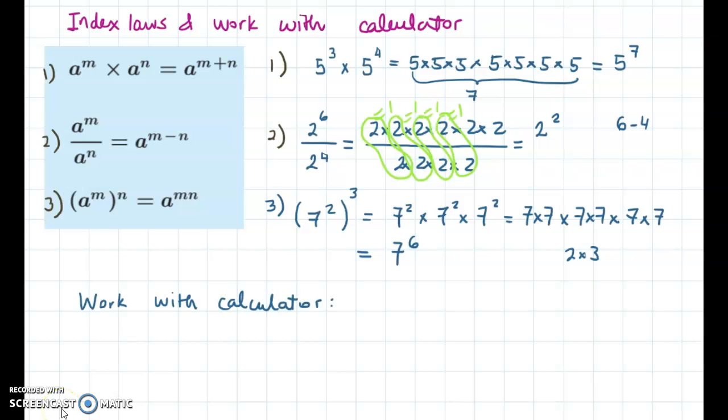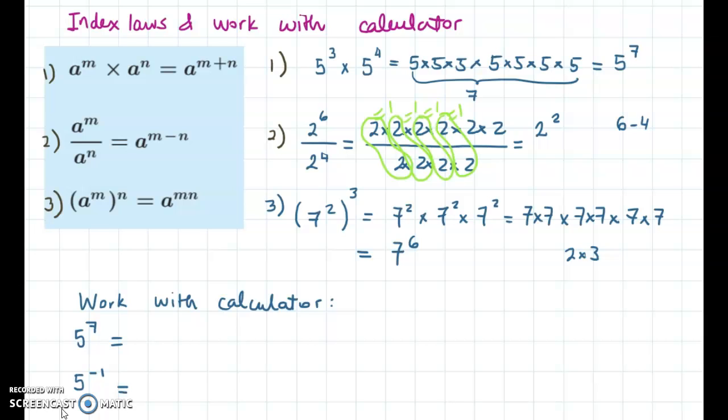Now I want you to make sure that you can work with your calculator and you know how to find all the exponents that you need. So I want you to find on your calculator the value of the following. I want you to find the value of 5 to the power of 7. Also I want you to find the value of 5 to the power of minus 1.